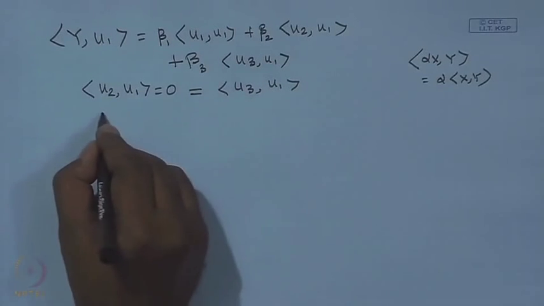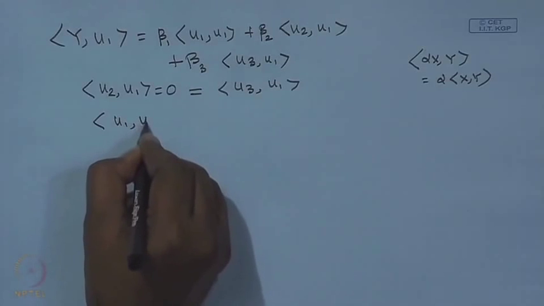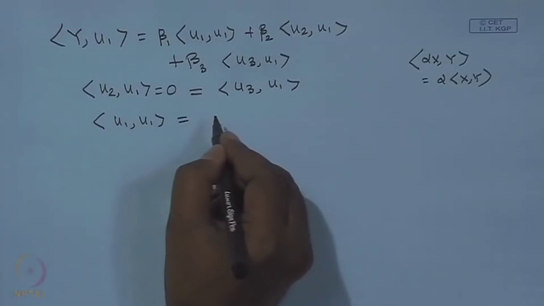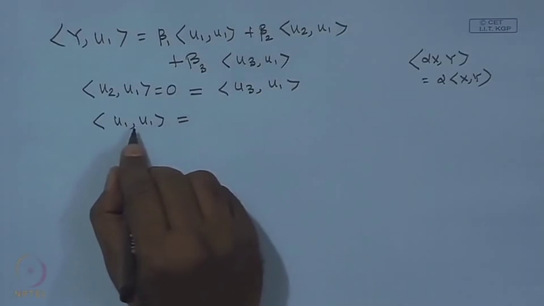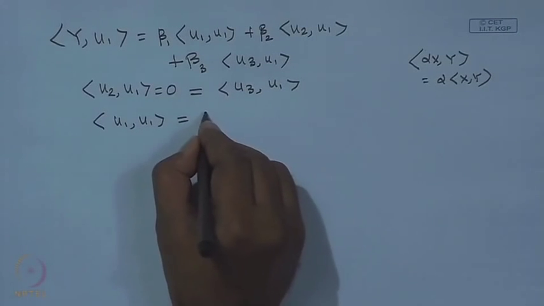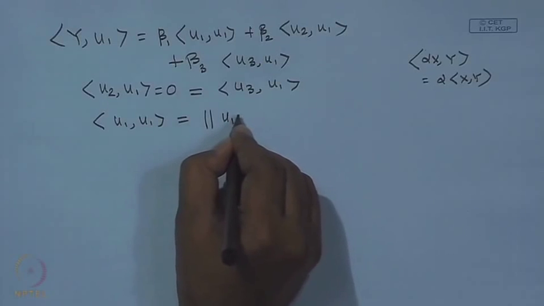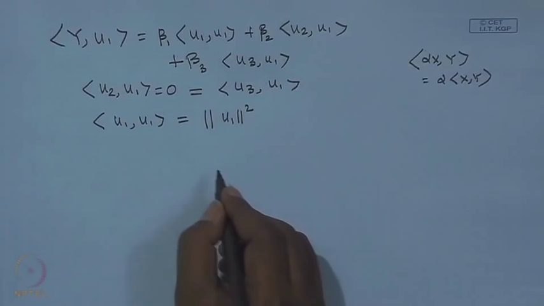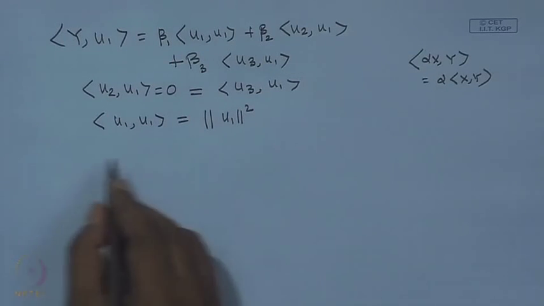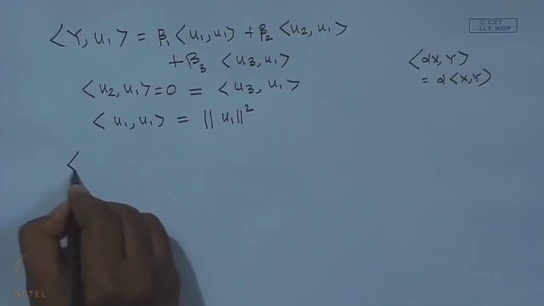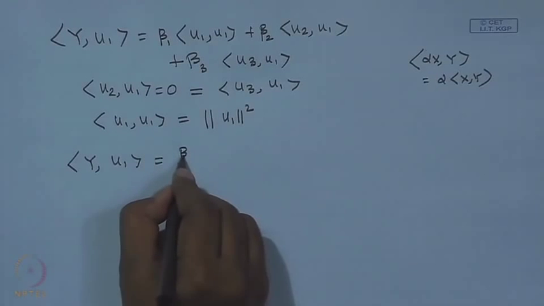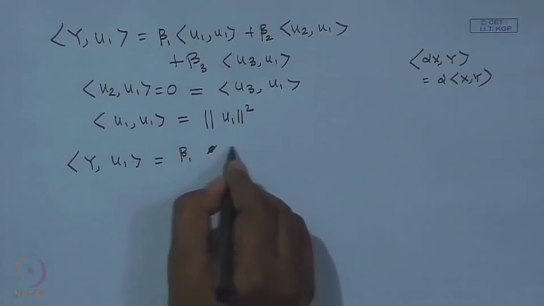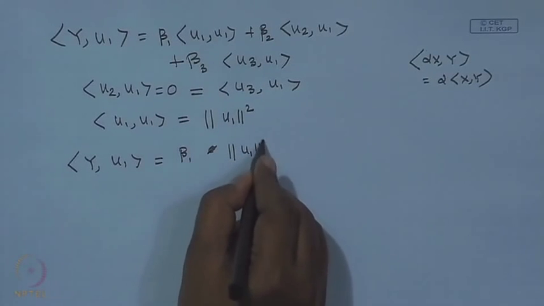On the other hand, whatever we have studied in the last class, the inner product of u1 and u1 is nothing but the norm of u1 squared. So, this equation boils down to the inner product of y and u1 being equal to beta 1 times norm of u1 square.